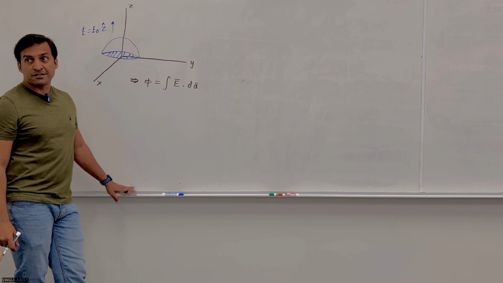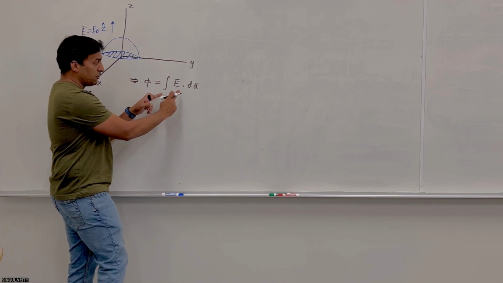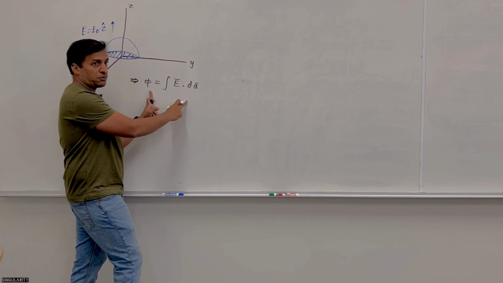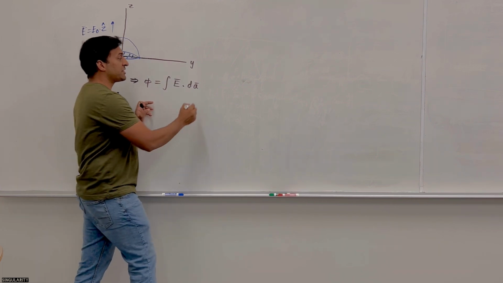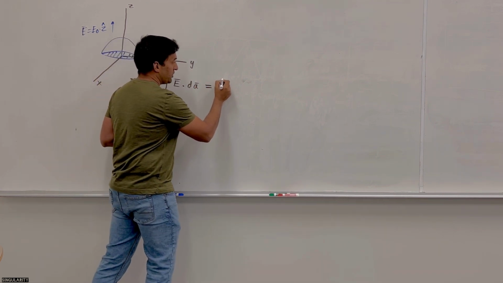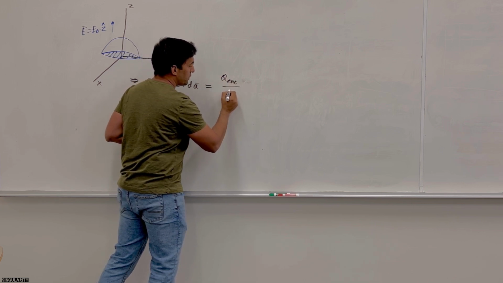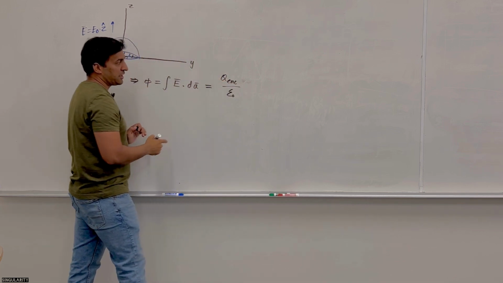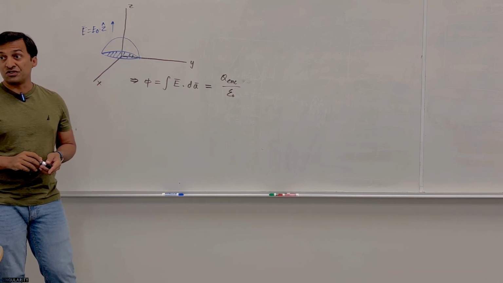And that's why I want to divide this surface into small area elements, because given the electric field, this is the formula to calculate the flux. There is another formula too, which is in terms of charge. If you are given the charge, then you can use this formula. This charge is Q enclosed. This formula is only applicable to closed surfaces.